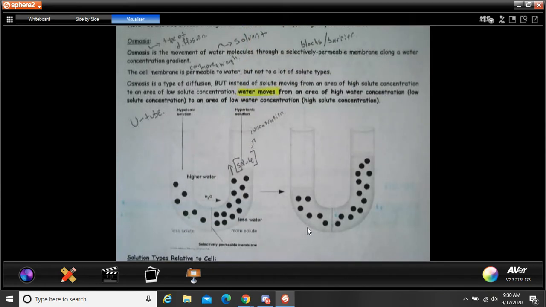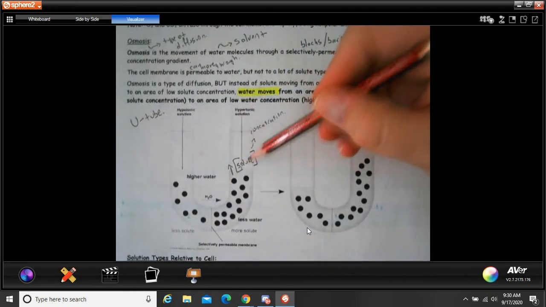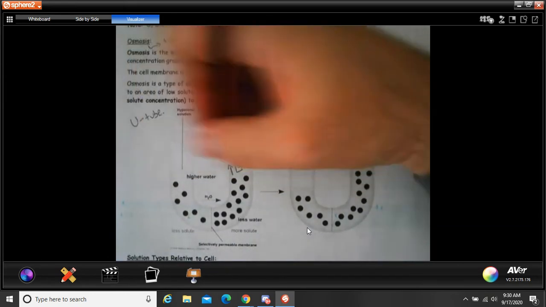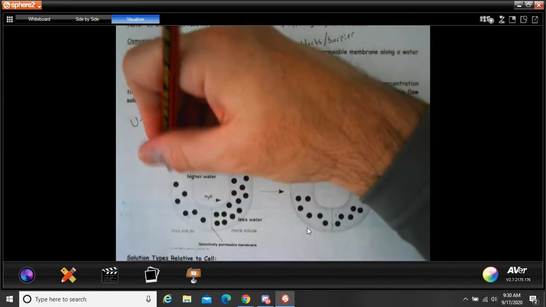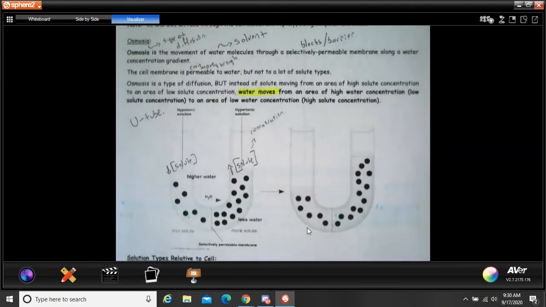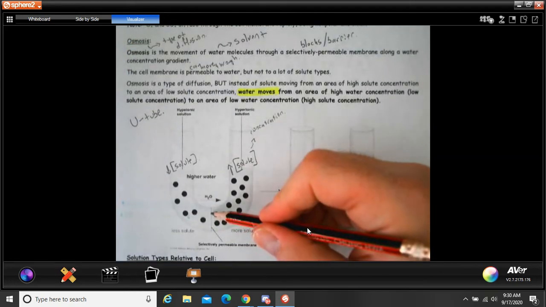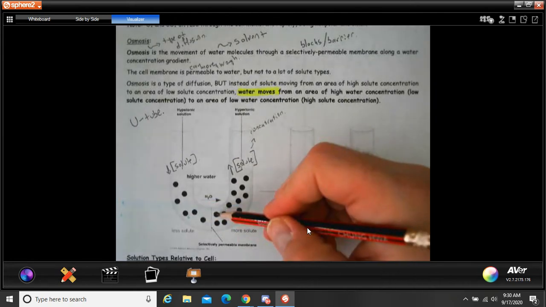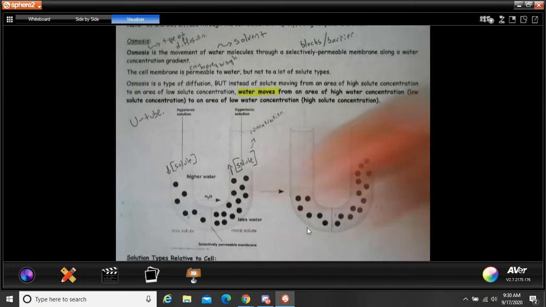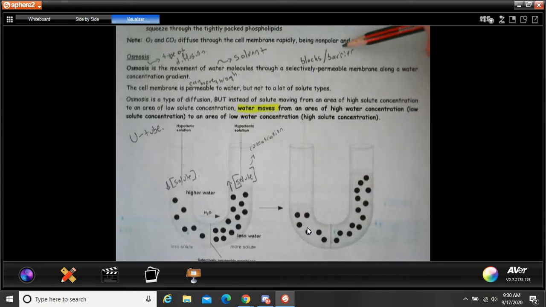Something you learn in chemistry. The arrow is just showing that it's high, it's going up, so it's high solute concentration. If you compare it to this side, same volume, this is a lower solute concentration than that side. These particles are too big to move through this membrane, so this is the barrier or blocking that we talked about before that the membrane does.